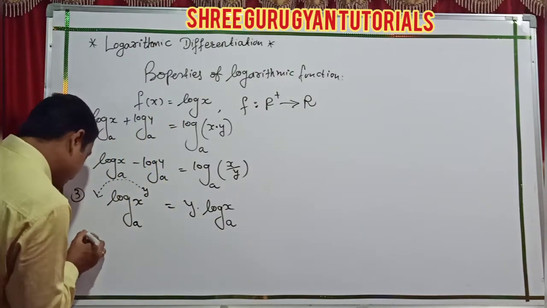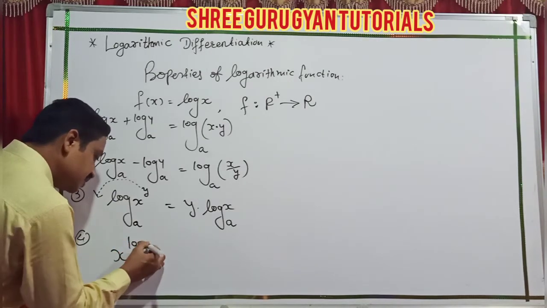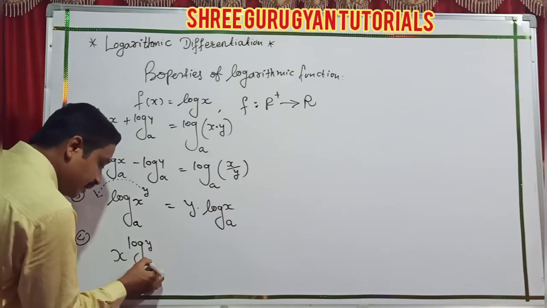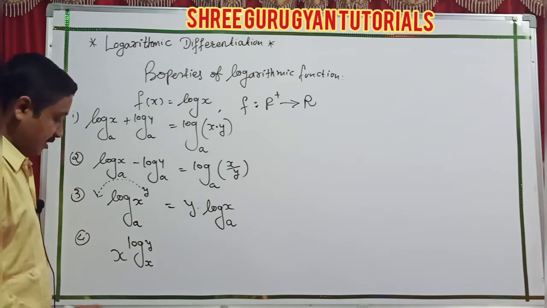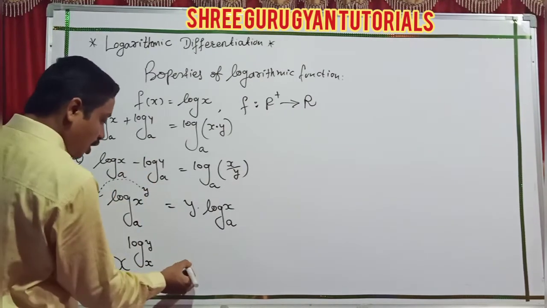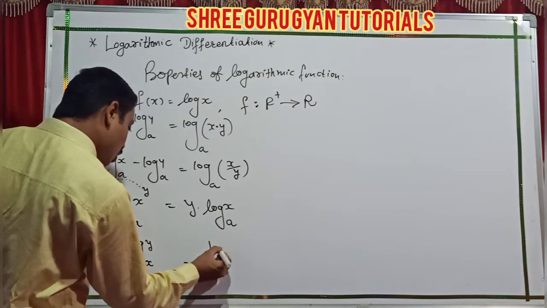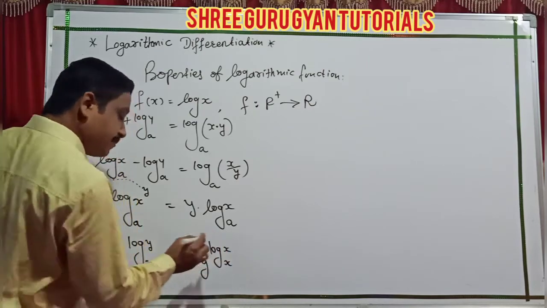Continue. Fourth property: x raised to log of something, here y, but here with base x. This is totally x raised to, students. So you can write down this y, with the base and log x, the base x being the same.